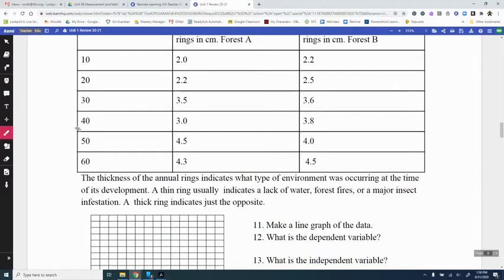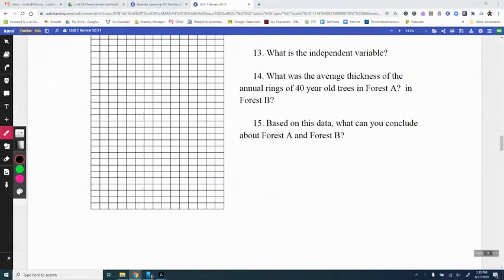So we're going from 0 to 60. When you are determining how often to mark your axes, you want to make it so that your data is spread out over the whole graph. You don't really want to have very much empty space. You can have a little bit, but the less empty space, the better.